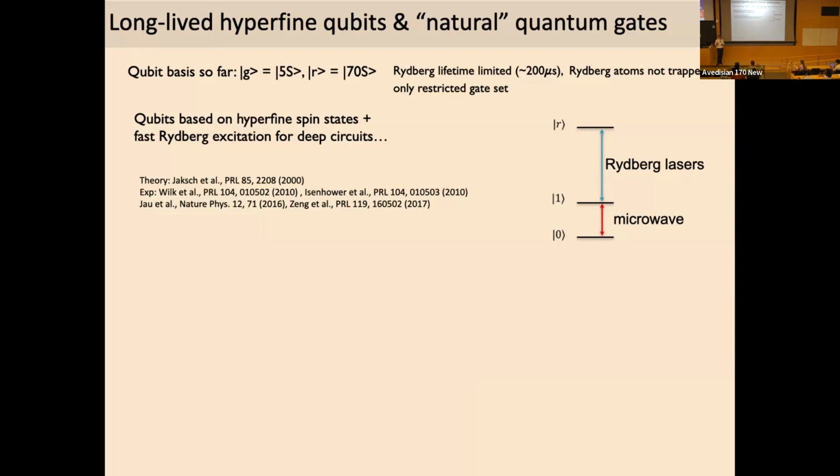Its lifetime is limited by vacuum, and the coherence time can easily be in the range of seconds or tens of seconds. Only when you want to do the gate will you use Rydberg lasers to excite the atoms into the Rydberg states.